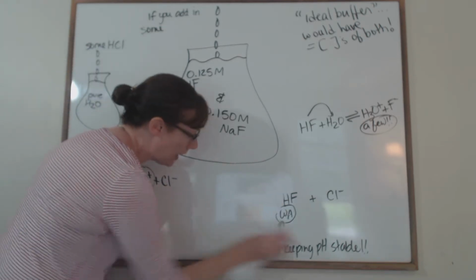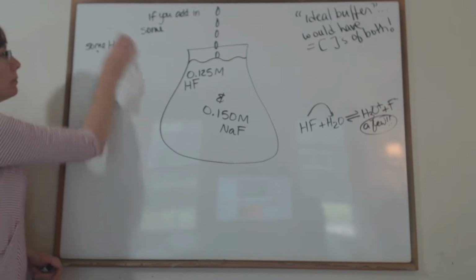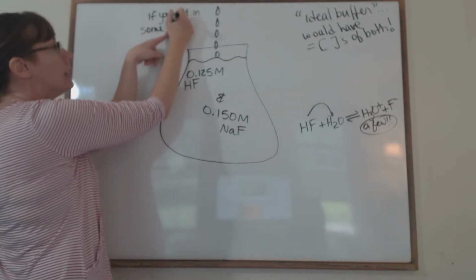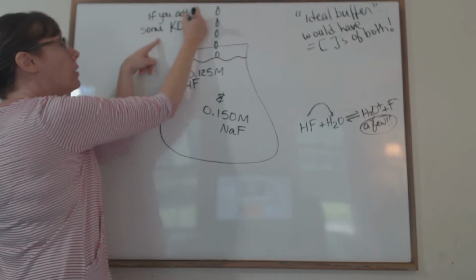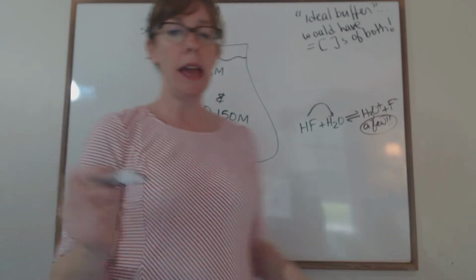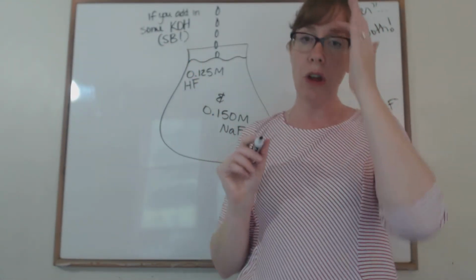But let's talk about what happens if you drip into your buffer some base. So if you add in, let's say, some KOH. KOH is a strong base. It is a group 1 metal hydroxide, and it's a strong base.